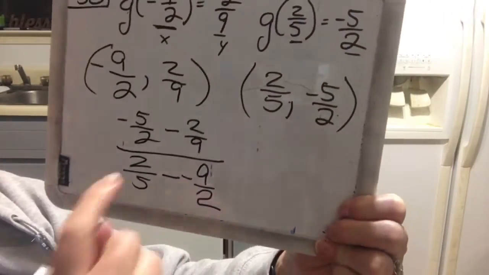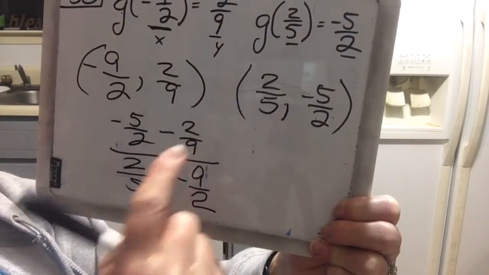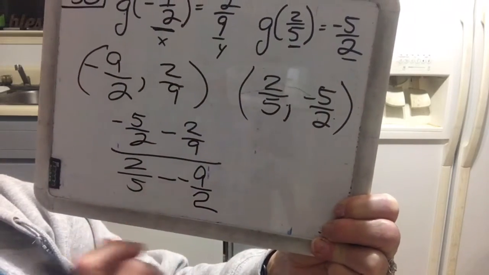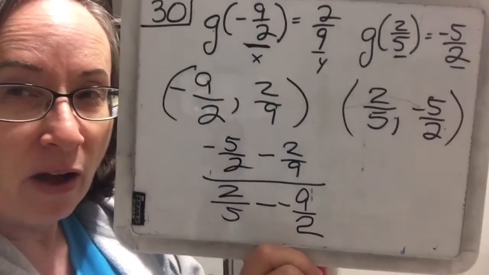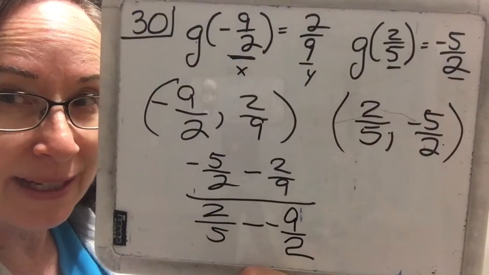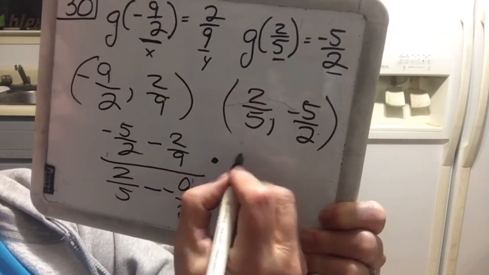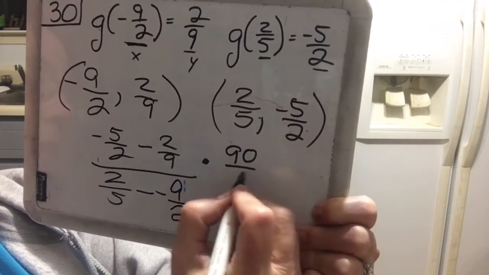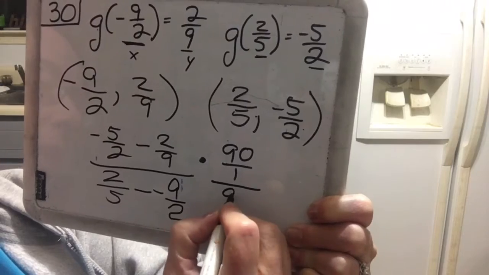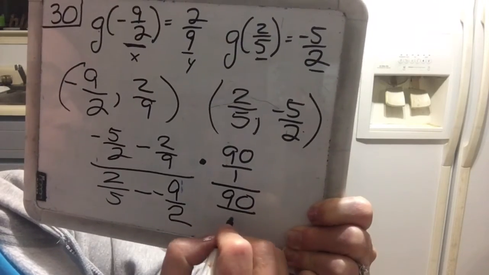So I've got a 2, and I've got a 9, and I've got a 5. And the smallest number that all three of those will go into is 90. So I'm just going to multiply by 90 over 1 and 90 over 1.